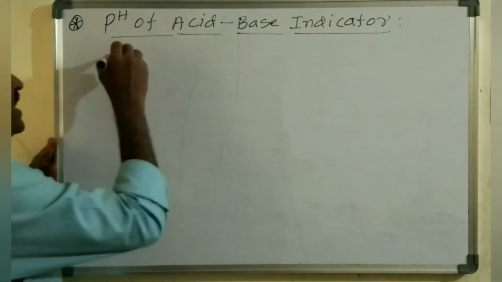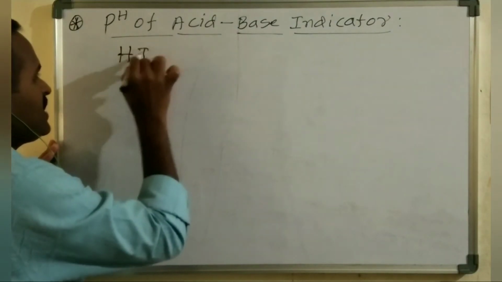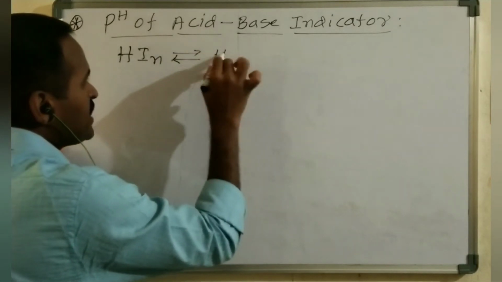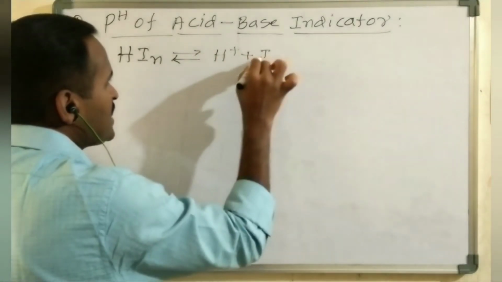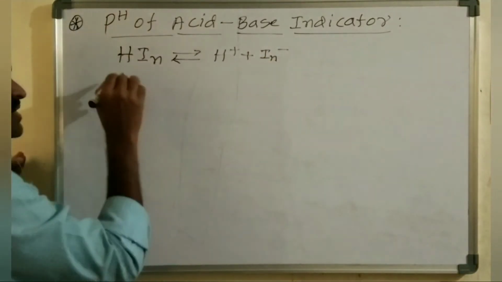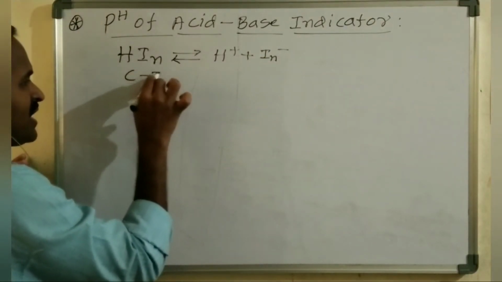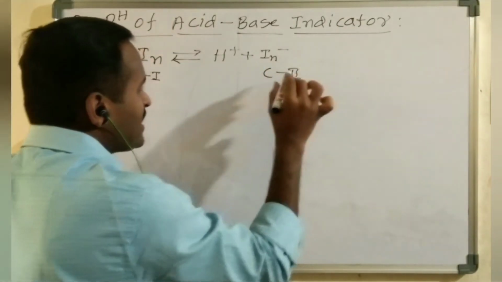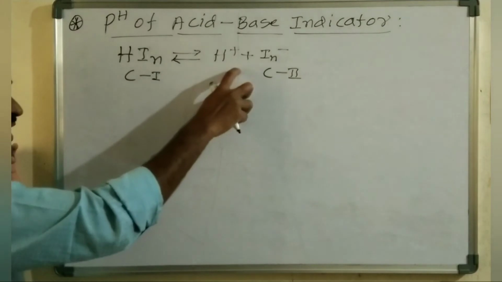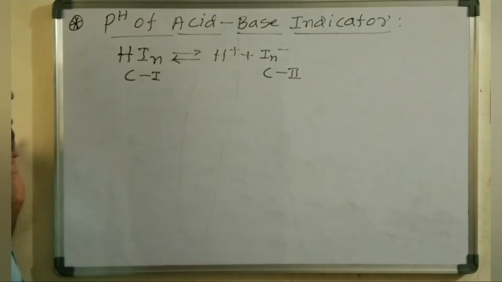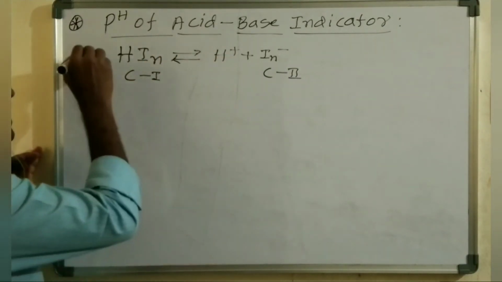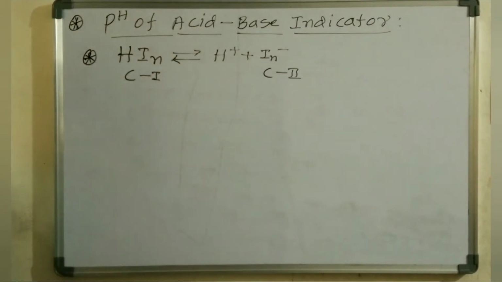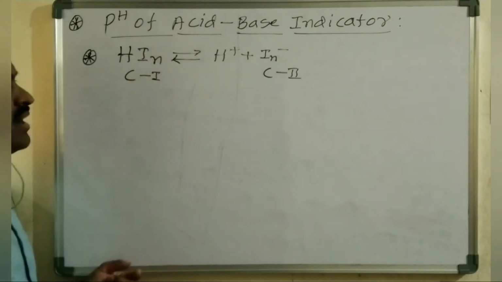Consider HIN, a weak organic acid, which dissociates into H+ and IN-. Initially HIN exhibits one color, and IN- exhibits another color. There exists an ionic equilibrium between the undissociated HIN molecule and the dissociated H+ and IN- ions.